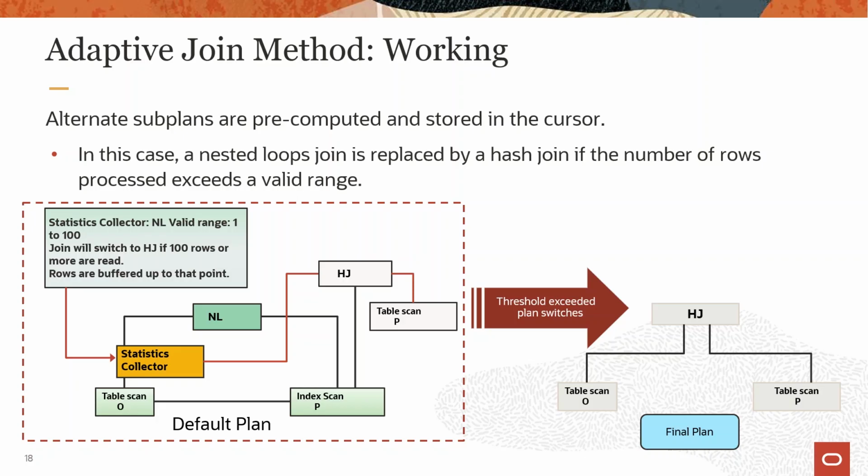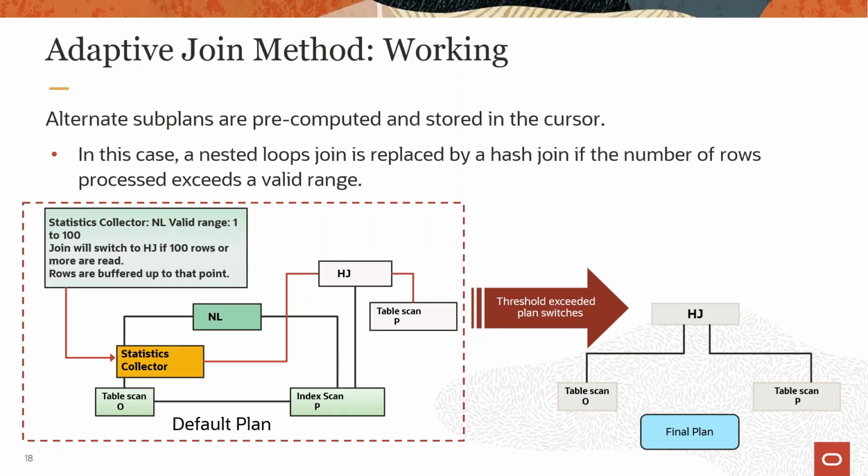If the statistics collector says that already more than 100 rows have been read by the first table scan, then a nested loop is not a good idea. During the execution, because the statement is already executing, it switches the execution plan to a hash join, because hash joins are much more efficient when joining large data sets.